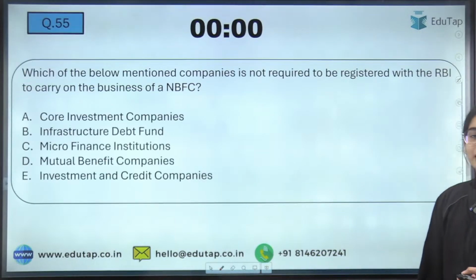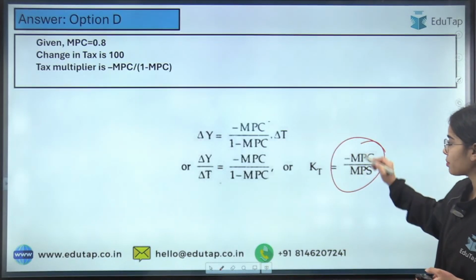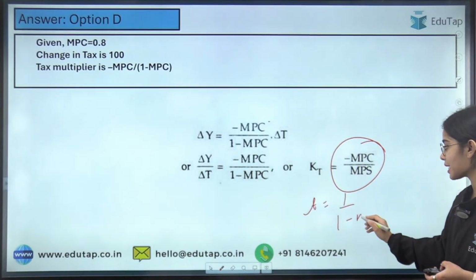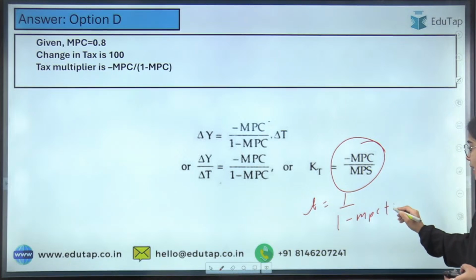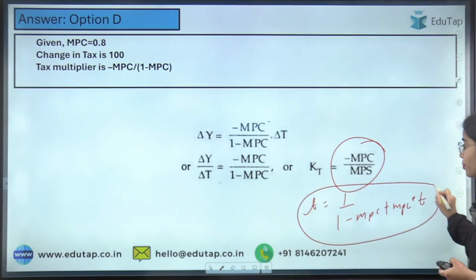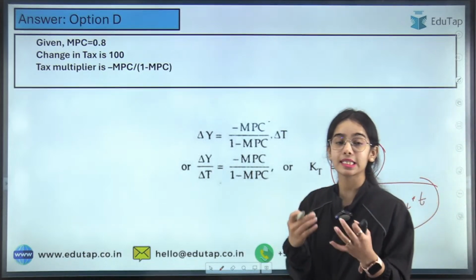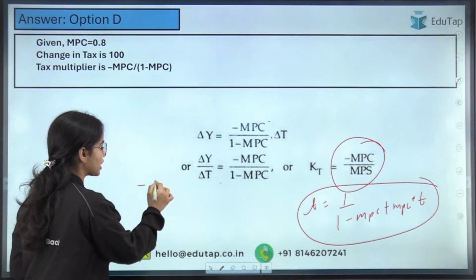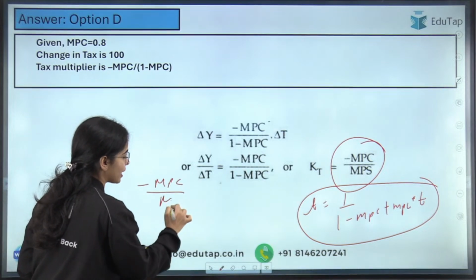Yes, so this is your tax multiplier. In the case of proportional tax, the formula is 1 upon 1 minus MPC plus MPC multiplied by tax rate. This is the formula for the proportional tax multiplier when the tax is in percentage form. When the tax is in lump sum form, the formula is minus MPC divided by MPS.